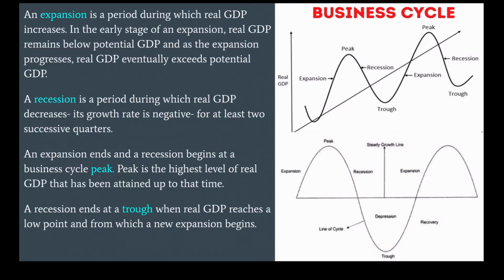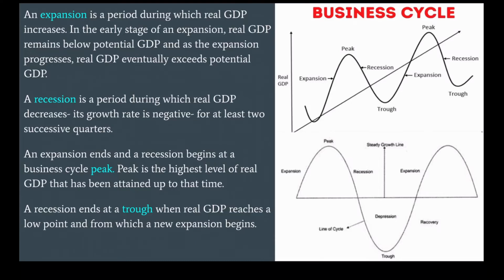An expansion is a period during which real GDP increases. In the early stage of expansion, real GDP remains below potential GDP. That means all the resources are not fully employed. And as the expansion progresses, real GDP eventually exceeds potential GDP. A recession is a period during which real GDP decreases, its growth rate being negative for at least two successive quarters.